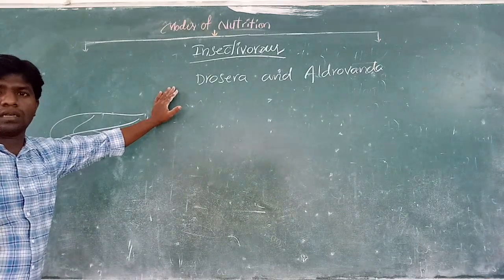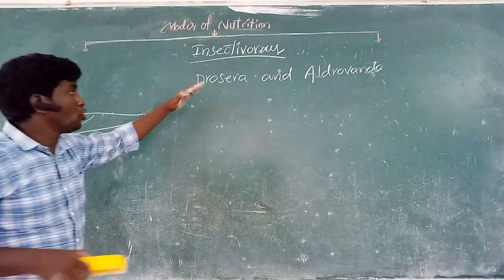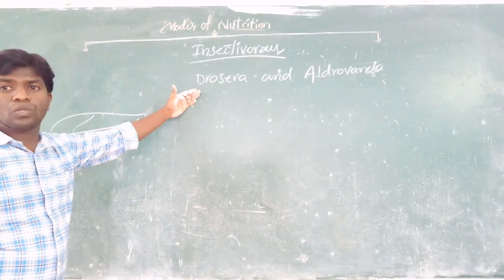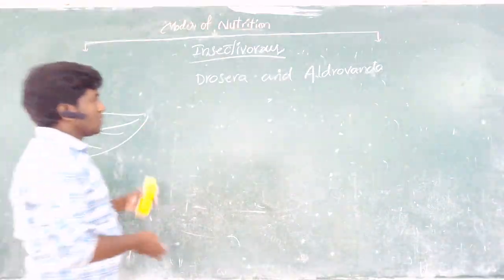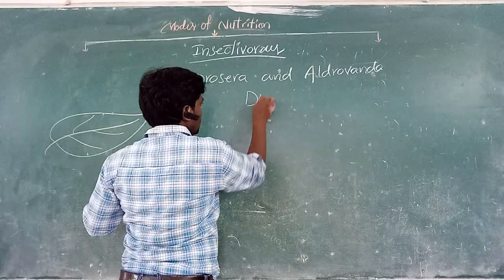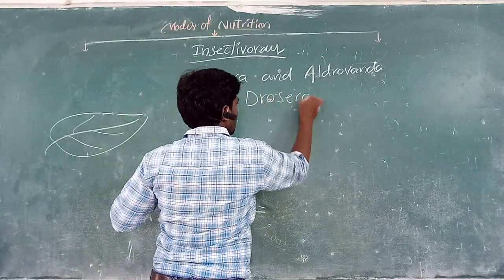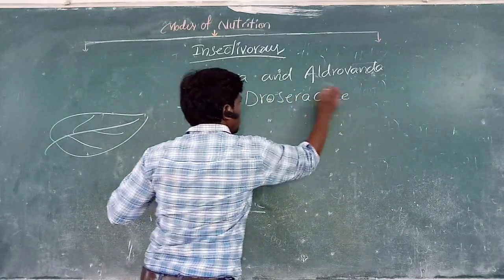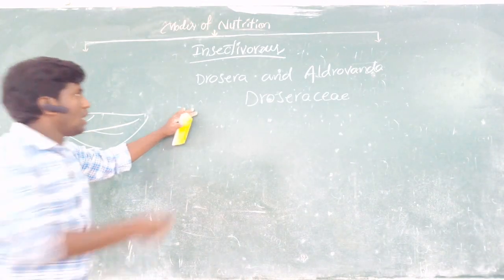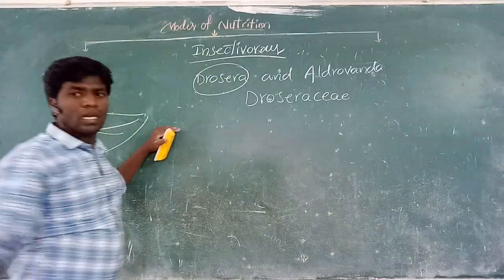These two plants belong to the family Droseraceae. Another name of Drosera is Sundew.